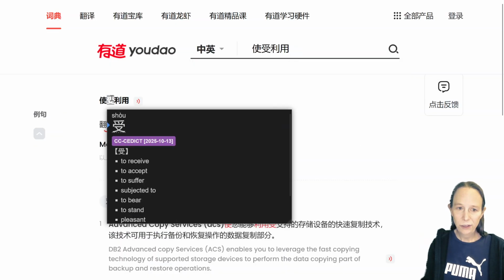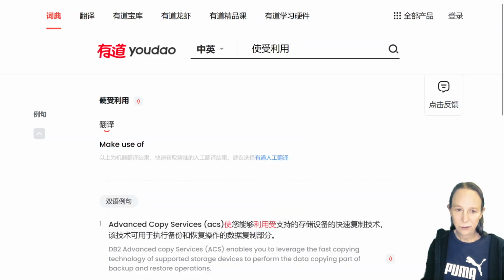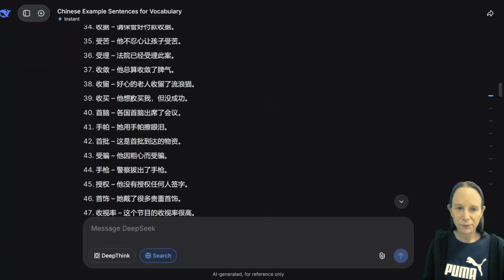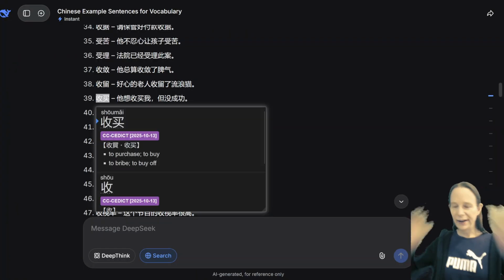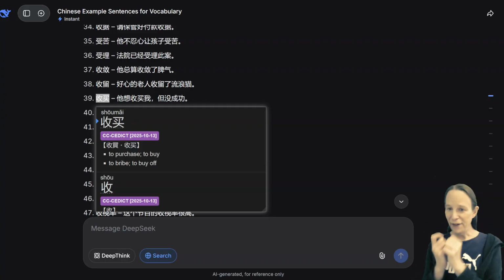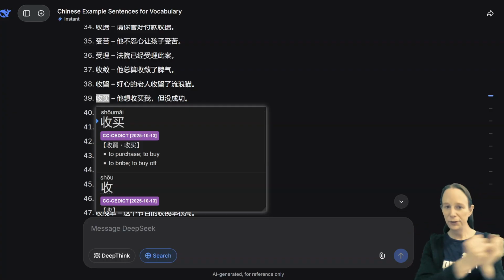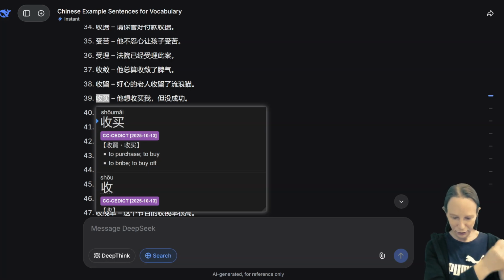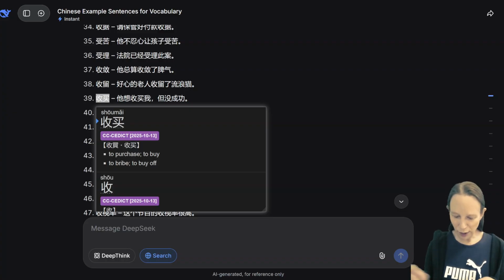Make use of. So we're using our financial assets to coax someone into doing something, so that we have some benefit in some way.